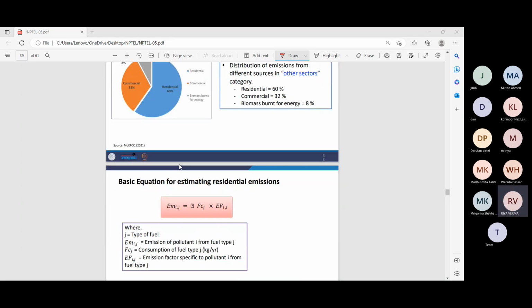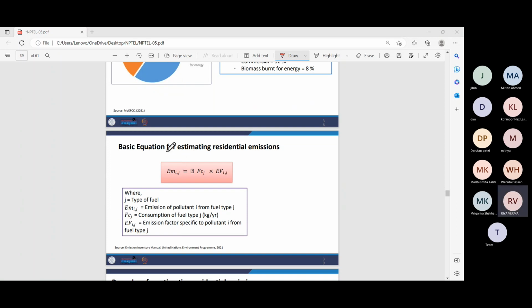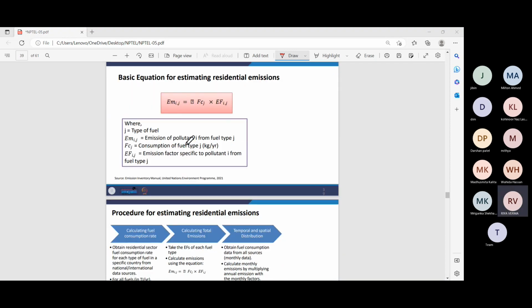So the basic equation for estimating the residential emissions can be explained as E_ij, emission of pollutant i from fuel type j, equals the consumption of the fuel type multiplied by your emission factor. This is your basic equation for generating any type of emission.